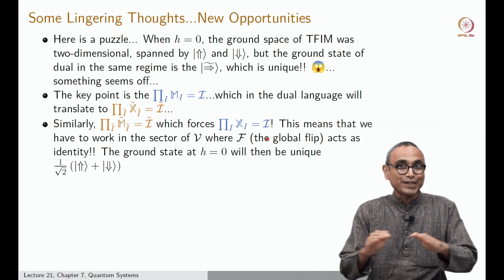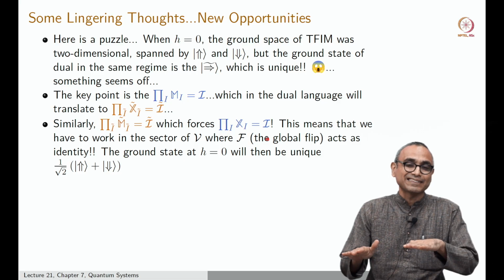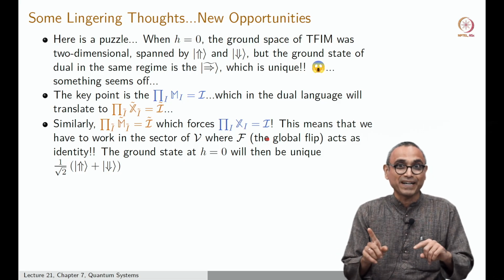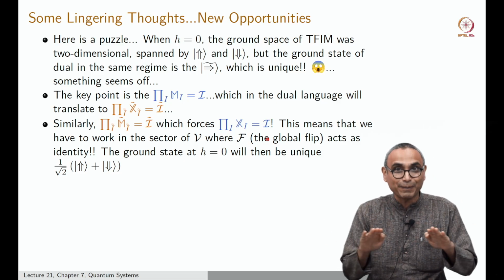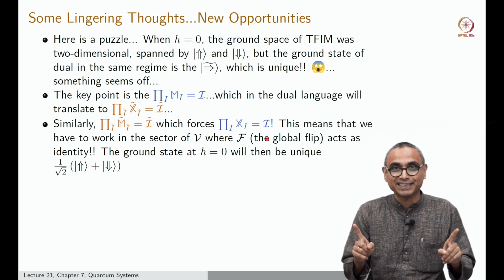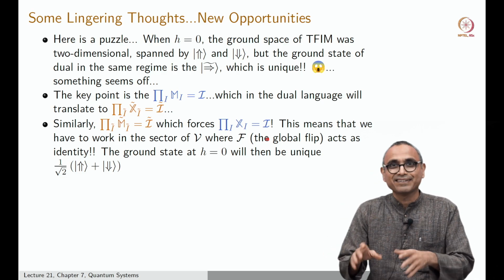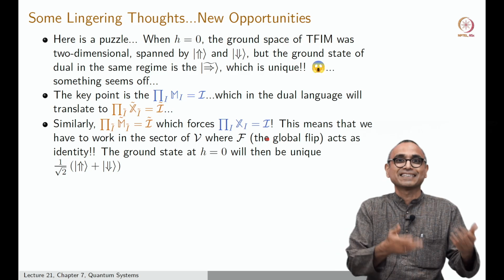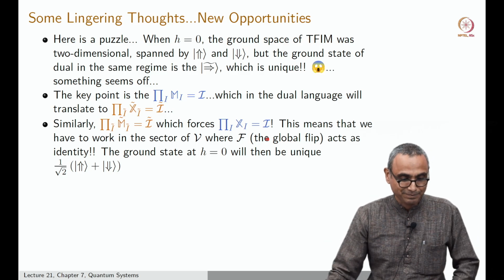And in fact, what this is showing is that the duality is an exact mapping only in the subspaces corresponding to identity representations, both in my space as well as in the dual space.